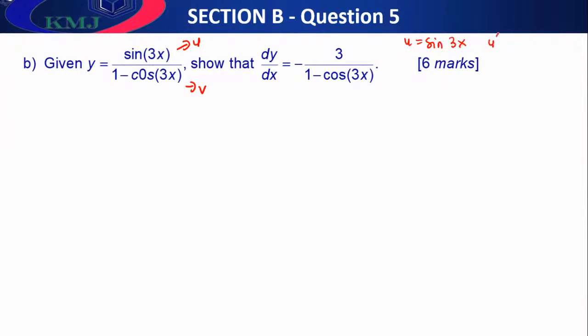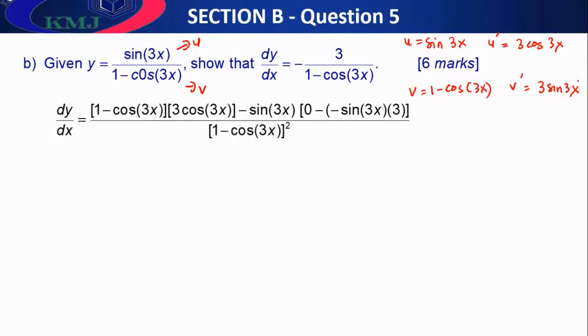Differentiate u, you will get u prime equals 3 cos 3x. v is 1 minus cos 3x. So differentiate v, you will get v prime equal to 3. Differentiate cos, you will get a negative sign, but negative negative here, so we get positive, so positive sine 3x. Then we just substitute into the quotient rule.